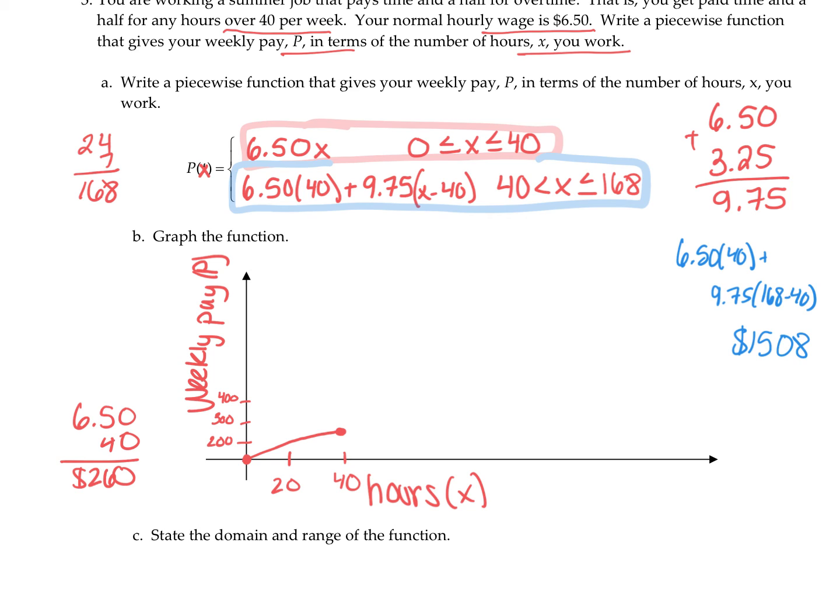So I'm going to keep labeling my graph: 60, 80, 100, 120, 140, 160, 180.